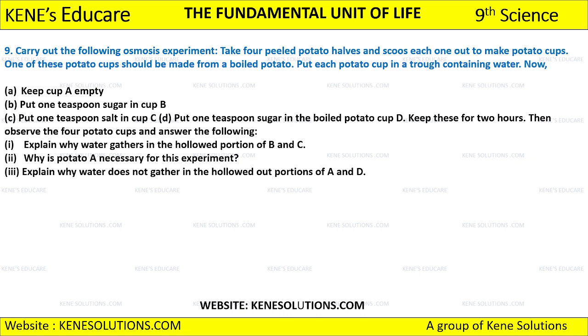Thus there is no existence of a semi-permeable membrane for water flow. Consequently, osmosis does not occur. I hope everyone understood this experiment and how to answer the questions.